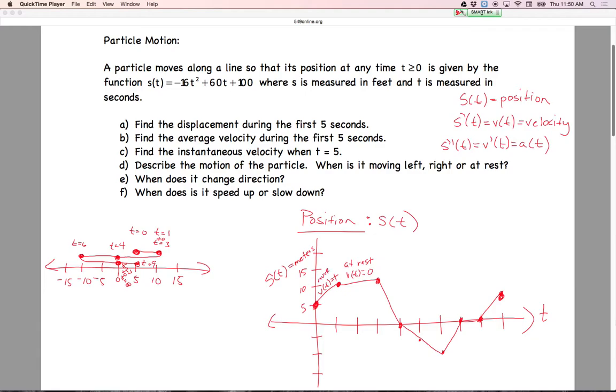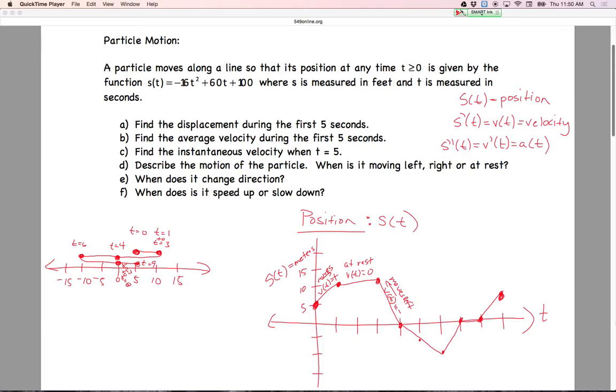Moves to the right. What is this one doing? Moves left. I should say left because you're going to think that says up. Moves left, and the velocity's negative. You still with me?